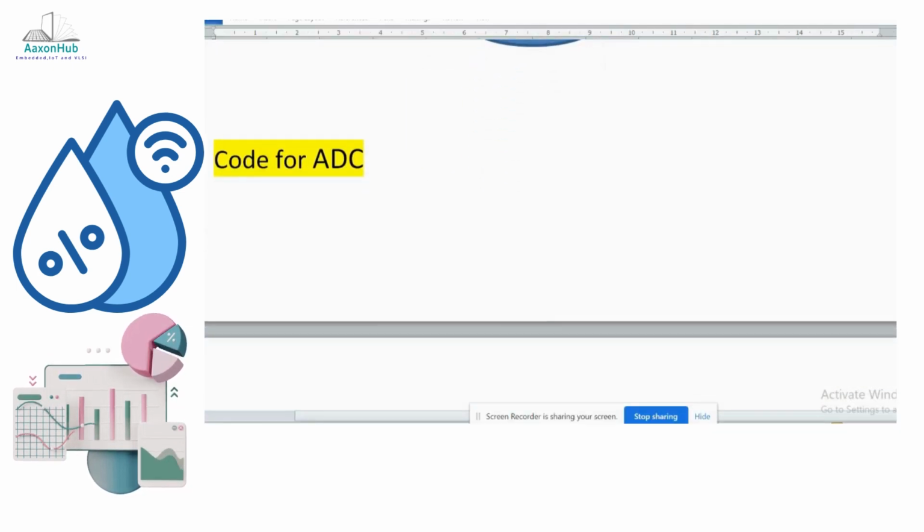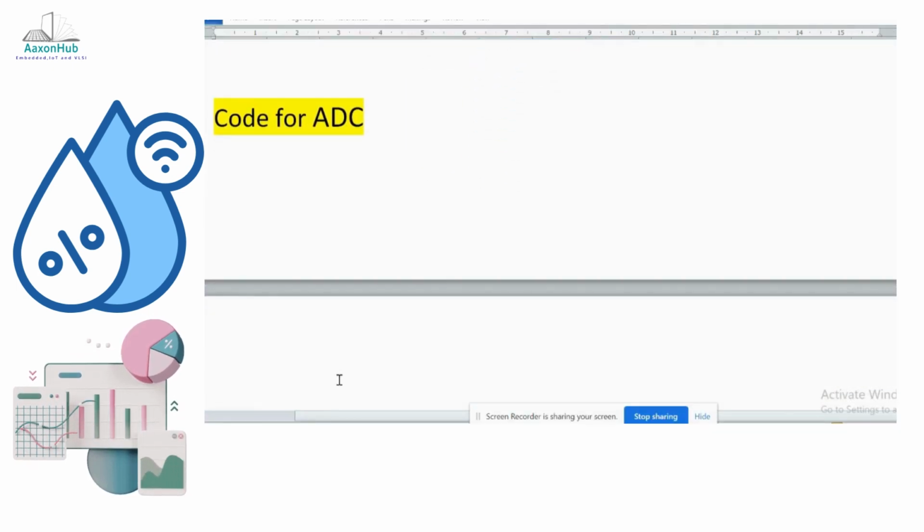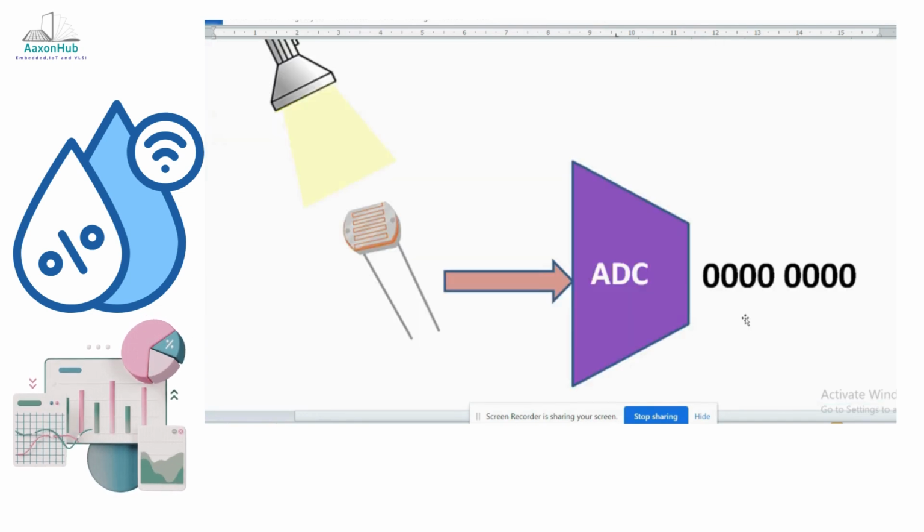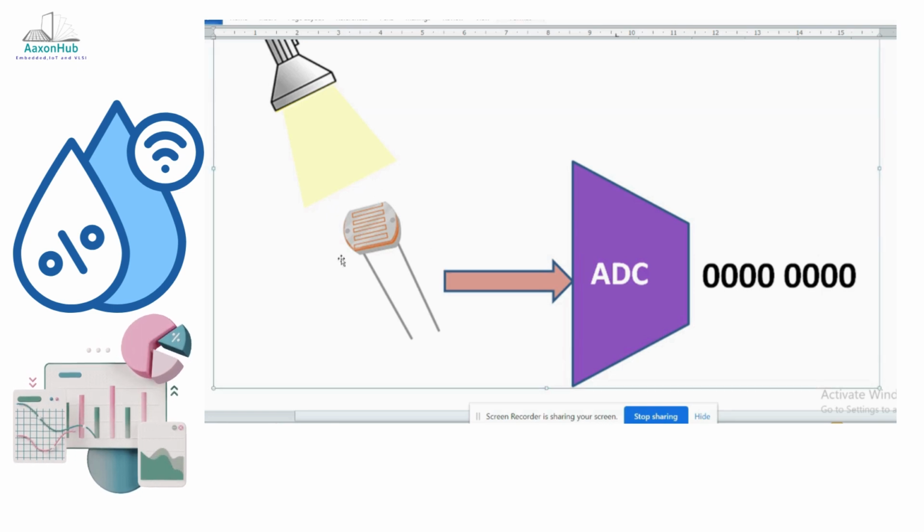With respect to that, you need to start writing code for ADC interfacing. As a basic requirement, here I have connected, let's say, an LDR in this picture. If the light intensity falls, the LDR resistance will change.